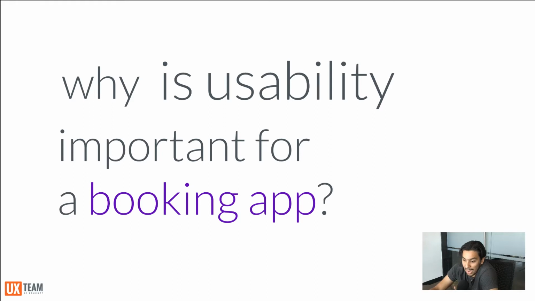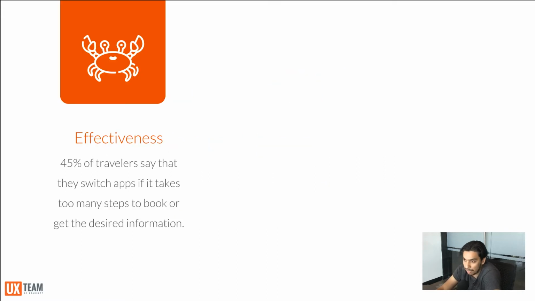So we're going to highlight the three key elements that we mentioned in the usability definition. The first one is effectiveness. And we have some metrics here that say 45% of travelers switch apps if it takes too many steps to book or get the desired information.